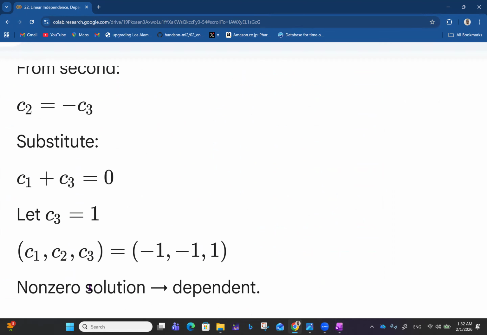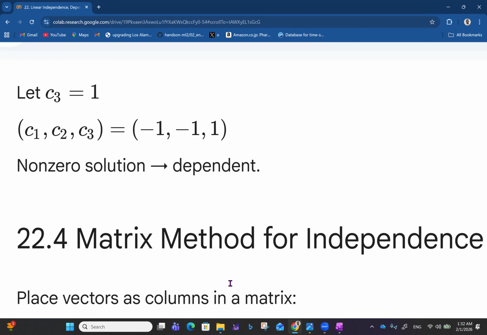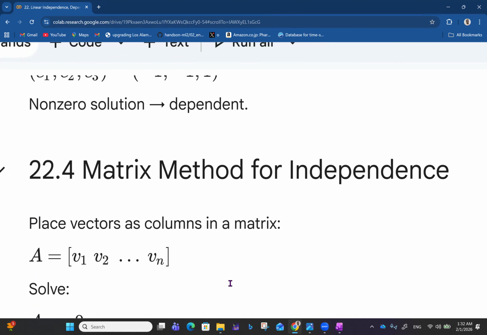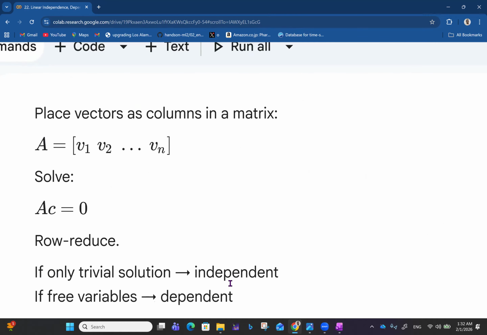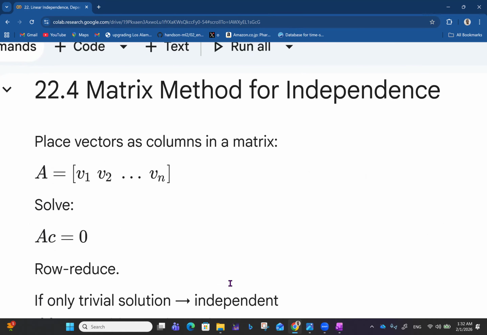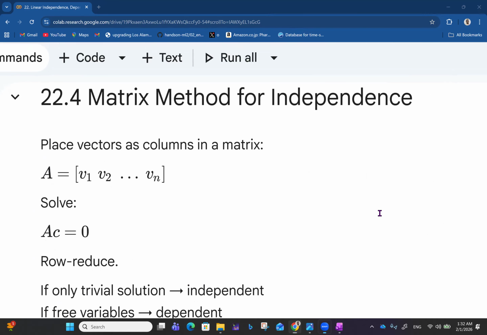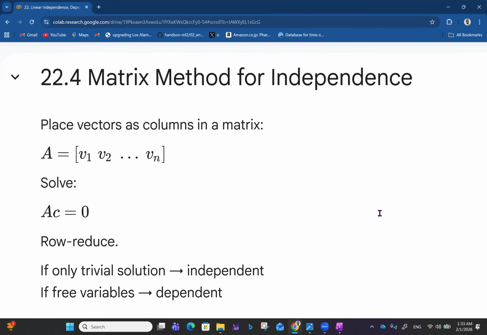But because we have a non-zero solution, the vectors are linearly dependent. And of course, that's why we have the possibility of infinitely many solutions, because if I had put C to be 2, I would have got solutions too.